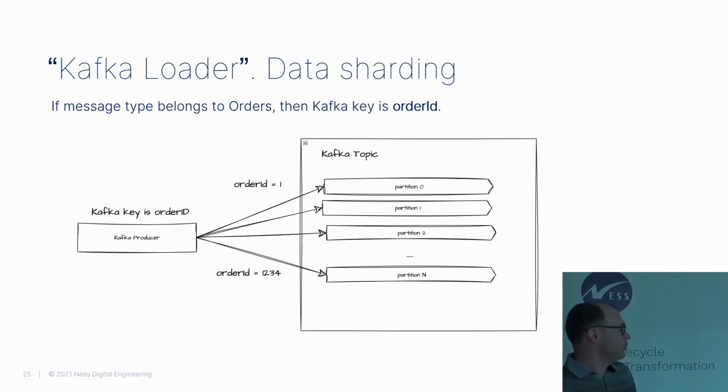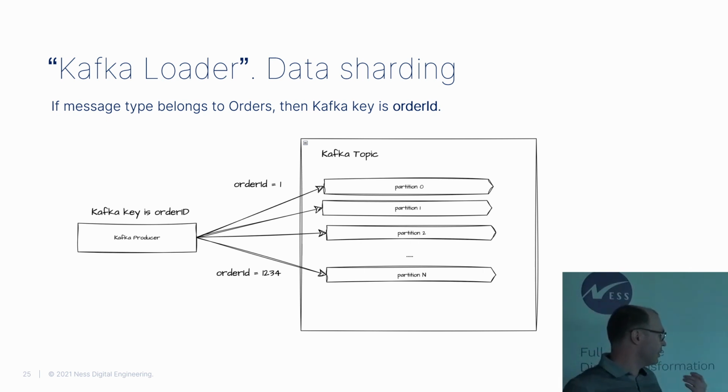And this is how we do sharding of data. Basically, the Kafka loader has a Kafka producer. We get a message from Blend, in this case an order related message, and the order has an ID.